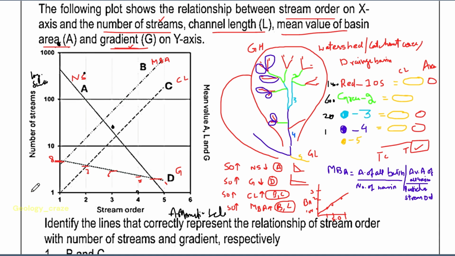I will write here: bifurcation ratio, sinuosity index, and with this we have drainage density. And one more important thing is hypsometric analysis. That is very important, that question already came.